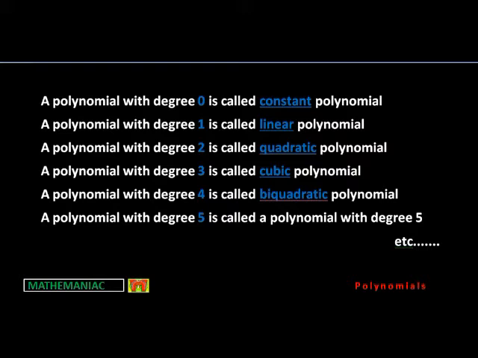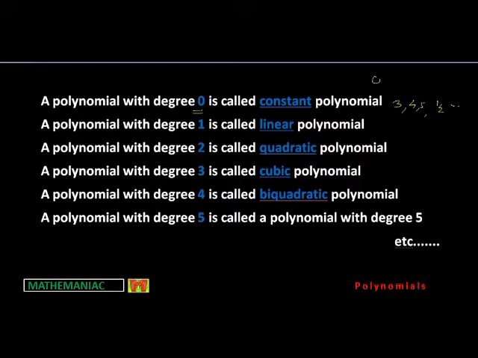Some names are assigned on the basis of the degree, so you should know them so that we can refer to them afterwards. A polynomial whose degree is 0 is called a constant polynomial. So all numbers like 3, 4, 5, maybe half, etc. can be considered constant polynomials.